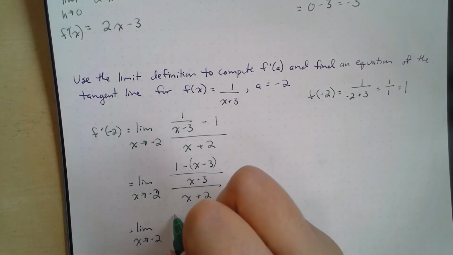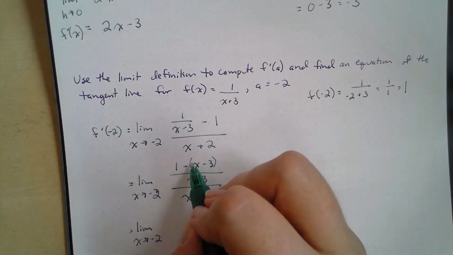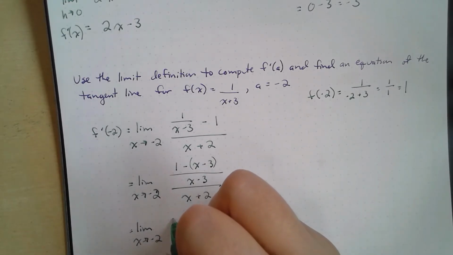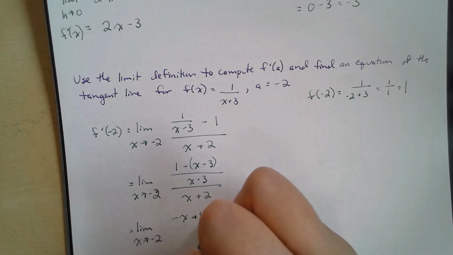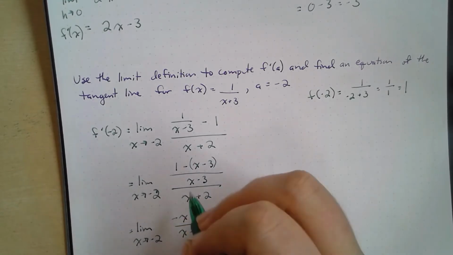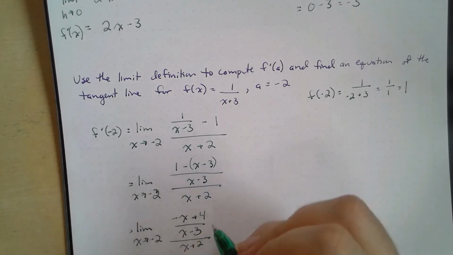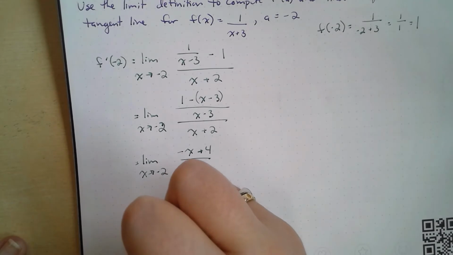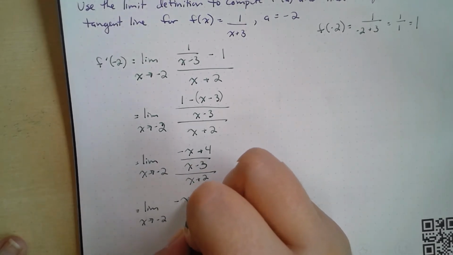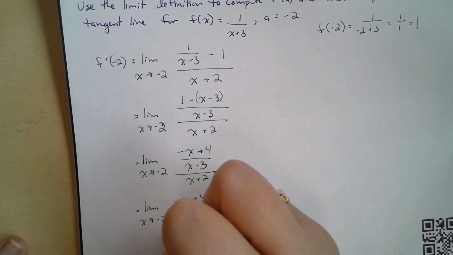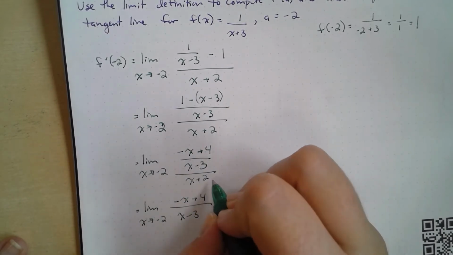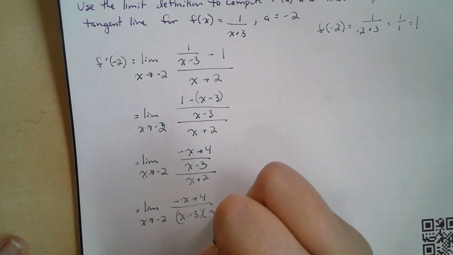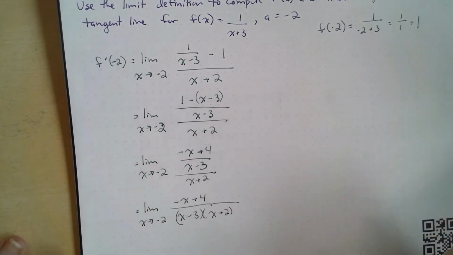So I'm going to have 1 minus a negative 3 is 1 plus 3 is 4. So I have negative x plus 4 over x minus 3 all over x plus 2. So my limit as x approaches negative 2 of negative x plus 4 over x minus 3 times x plus 2. And that's going to give us a 0 there. I feel like I've made a mistake somewhere. I'm pausing again.